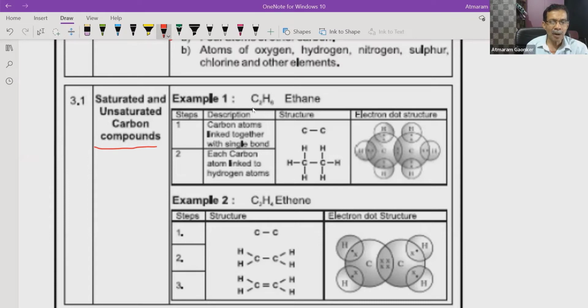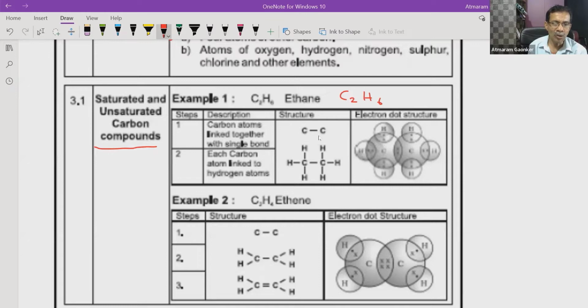I will take example one, which is methane. Methane is C2H6. C2H6 is methane. And how to form the electron dot structure and structure of methane, that we will see. There are two steps. First, how many carbons are there? Two carbons are there.